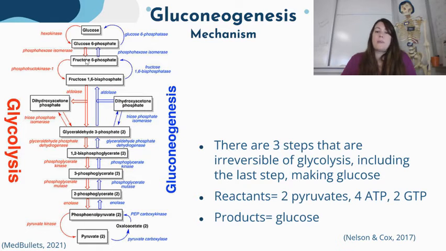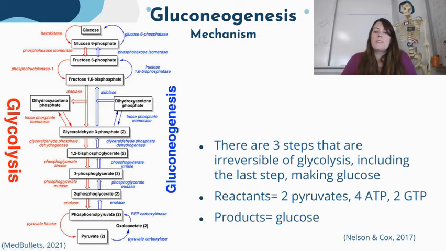Now the next step is the reverse of glycolysis using this enzyme phosphohexose isomerase, just like in glycolysis. And then the last step here is irreversible, the reverse of the first step of glycolysis. So we're converting the glucose 6-phosphate to glucose using glucose 6-phosphatase.